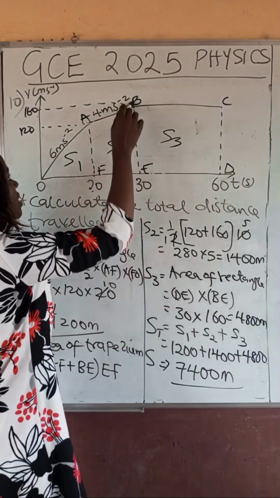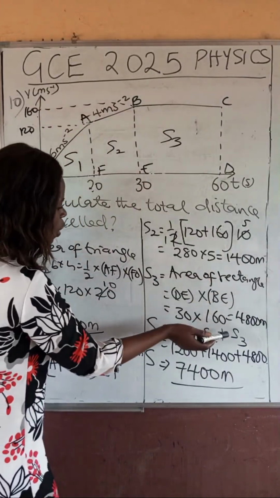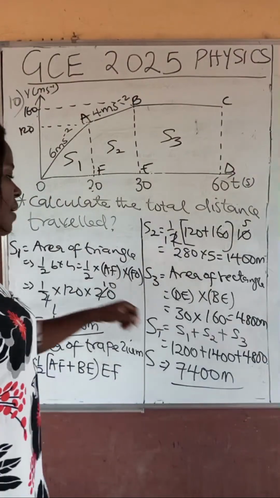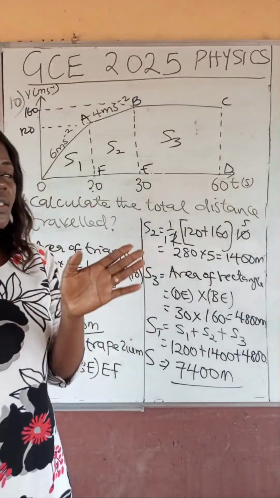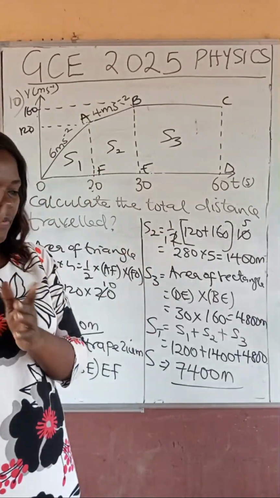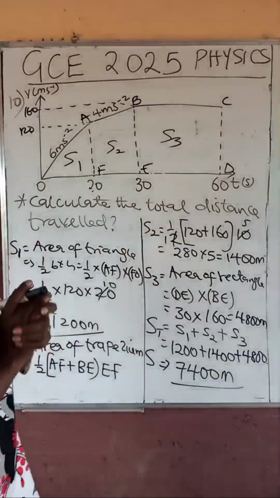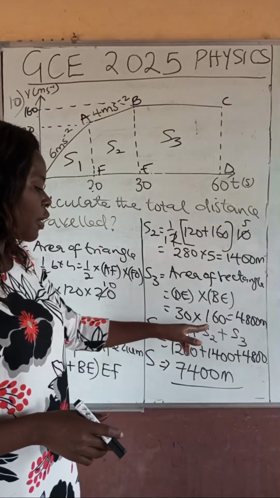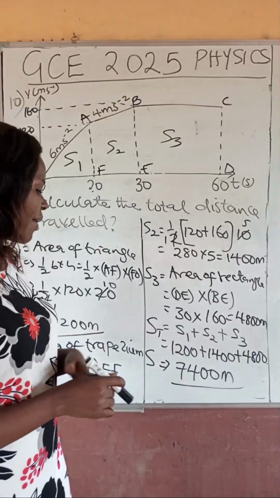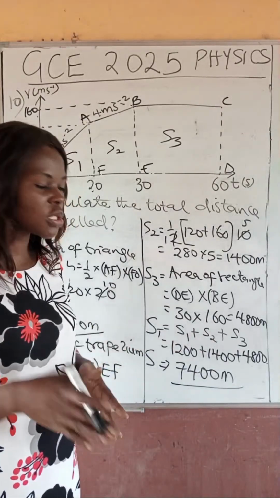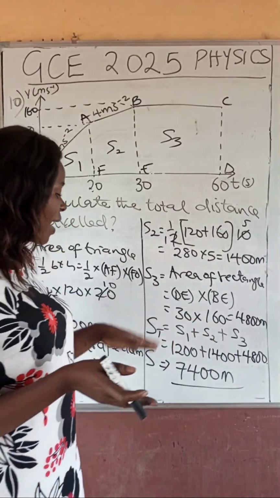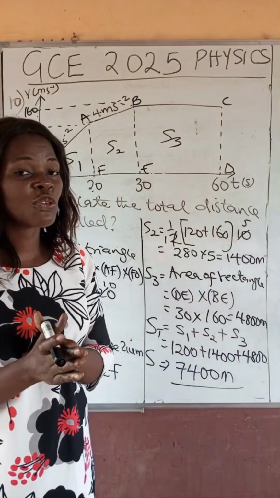The difference between this and this is 160. I multiply to get 4,800. Then the question says to find the total distance traveled in the diagram given. So we add S1 plus S2 plus S3, and we have 1,200 plus 1,400 plus 4,800. My answer becomes 7,400 meters.